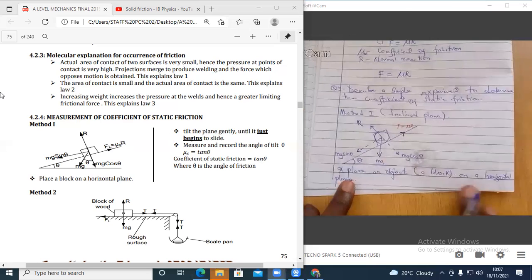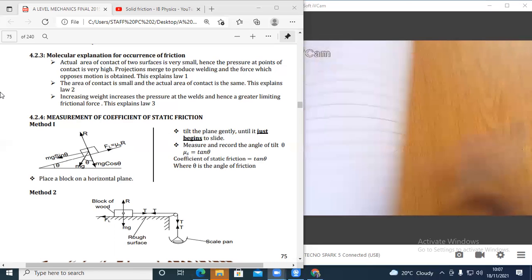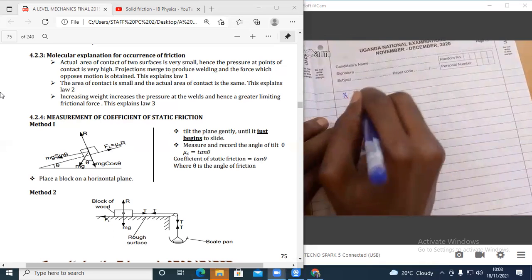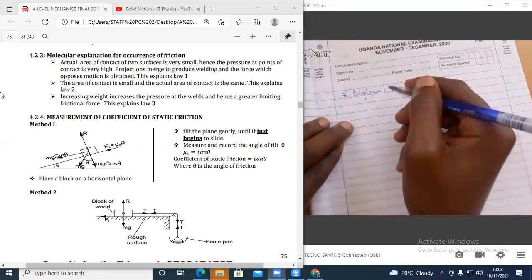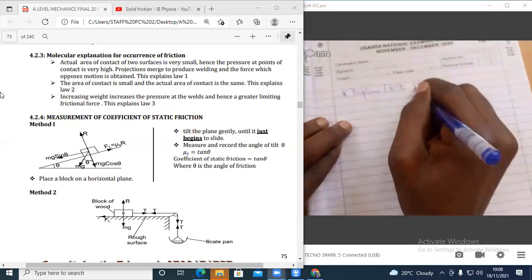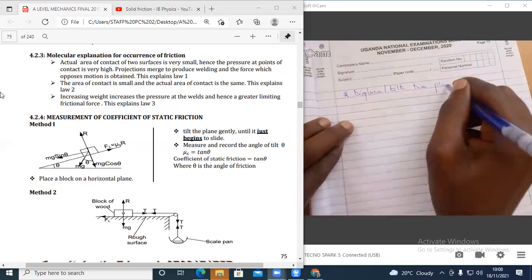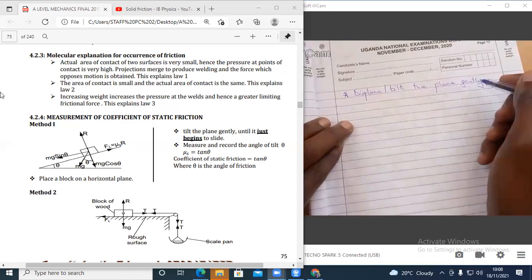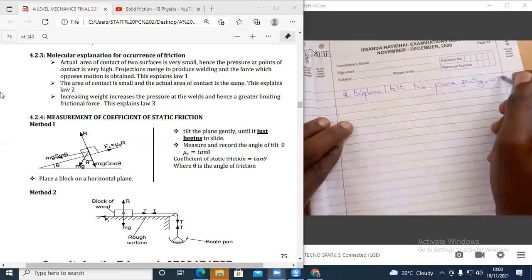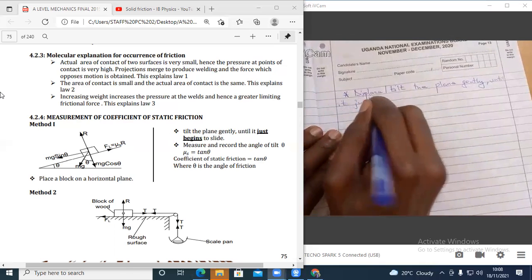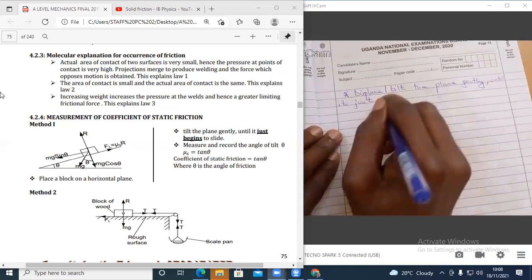Place an object or a block on a horizontal plane. Then tilt the plane gently until it just begins to slide. The key word there is just.